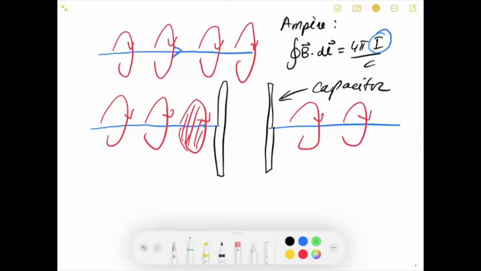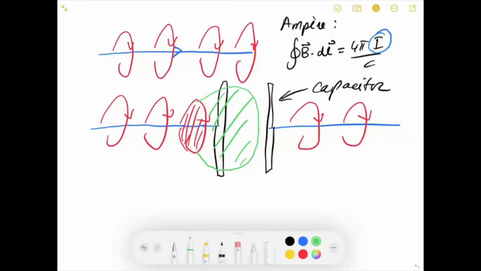So we could, let's say this is a soap bubble, some kind of a soap membrane, and we blow in it, we could actually make this thing go like this. Now, this becomes a problem because now there is no current flowing through our Amperian surface, but there's definitely a magnetic field here, because why wouldn't there be? So there's something missing here.